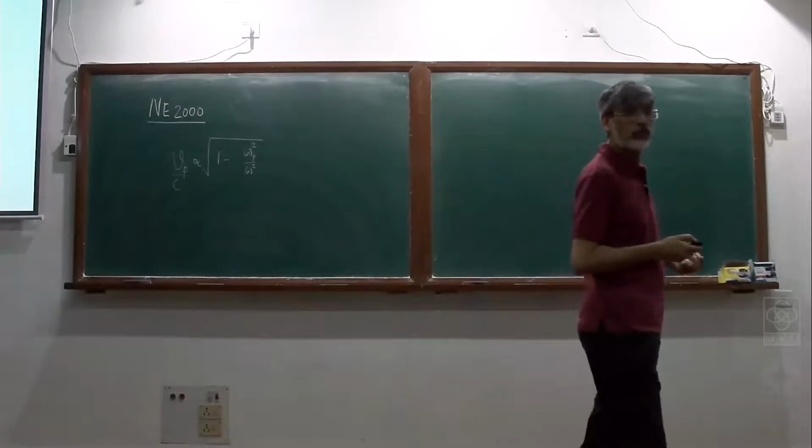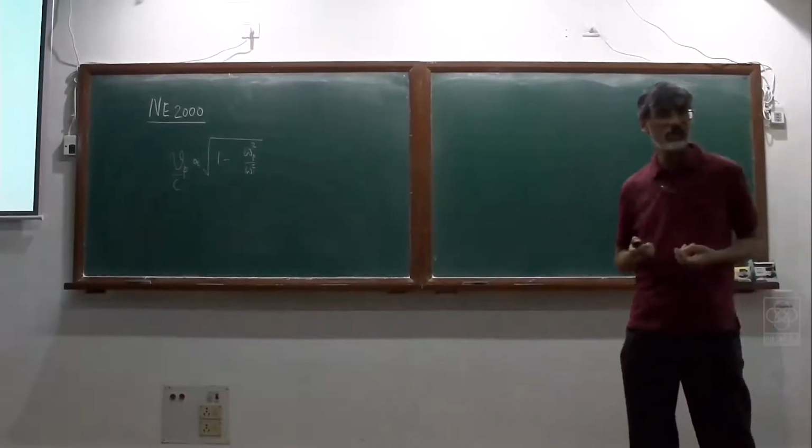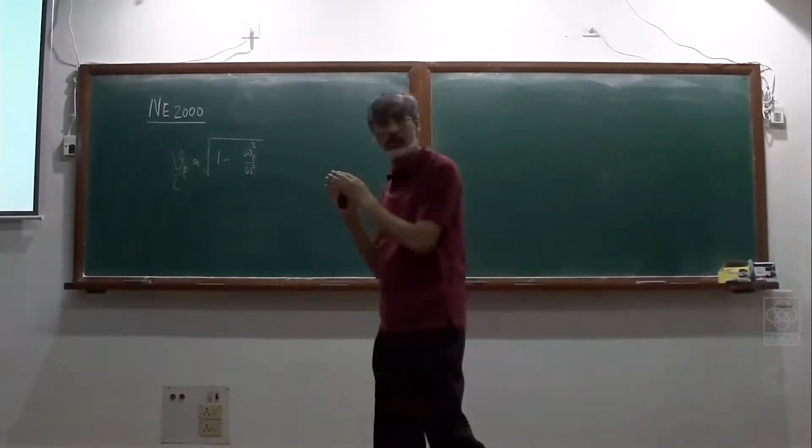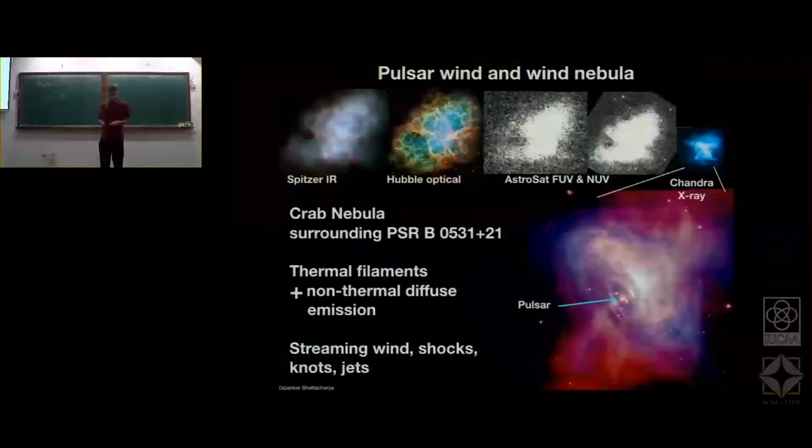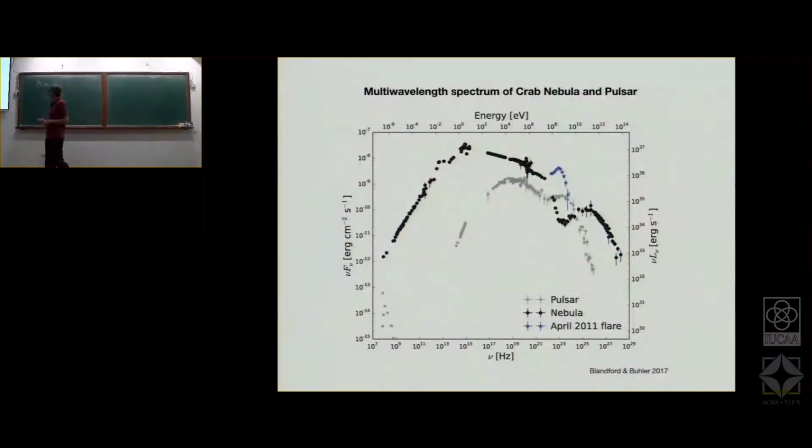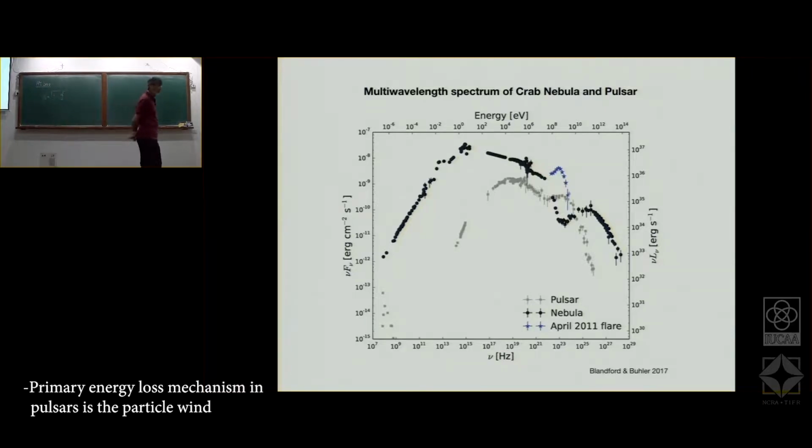So this is probably true in most pulsars, although we cannot study it in this great detail in many other objects. So the primary mechanism of energy loss in most pulsars would be the pulsar wind, and in the process some fraction of energy which is being dumped into the pulsar wind is also radiated away from very near the pulsar, and that's what gives you the pulsed emission.